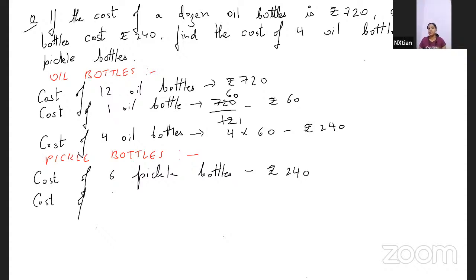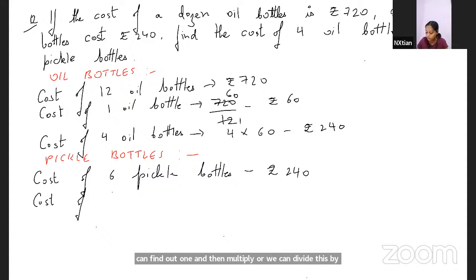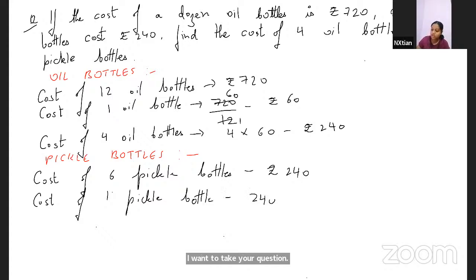We can find out 1 and then multiply, or we can divide this by 2 because the cost of 3 we have to find out. 1 pickle bottle, 240 by 6, that is 40 rupees.